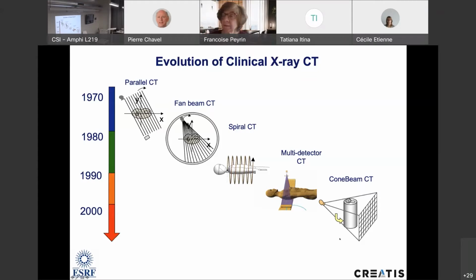And finally, you can also have the so-called cone beam CT, which uses a 2D array of detectors and gets more directly a 3D image. Currently, the two systems are used: multi-detector CT, where the number of rows has increased, and cone beam CT, which is a bit different and, for instance, mainly used for dental imaging.